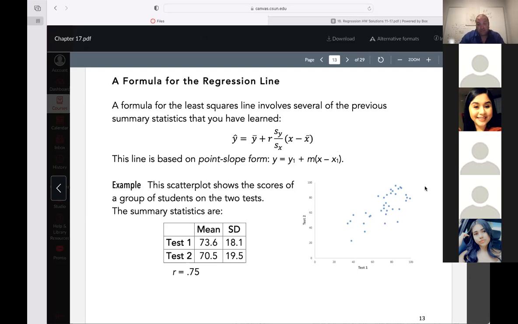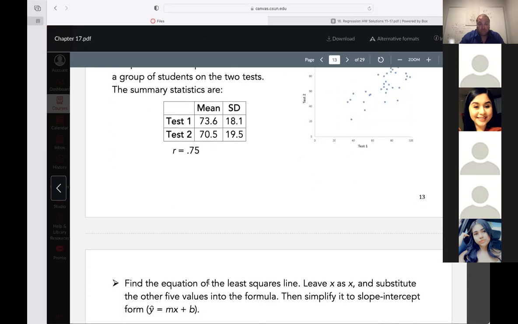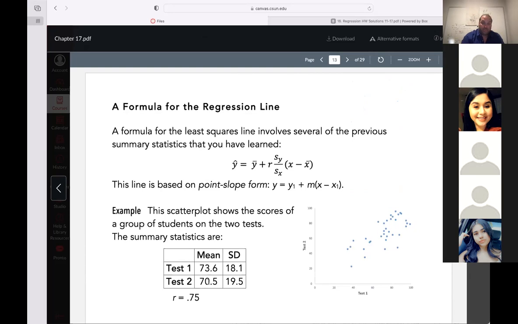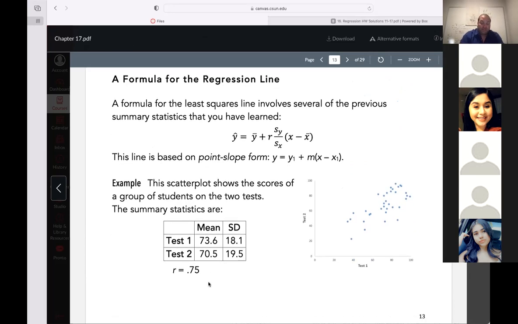And in fact, here are the scores of a group of students on 2 tests. Here is the information, pretty strong R value. So the question is, what is the equation of the best fit line? Let's start by finding, well, the only thing we need is the slope because we have Y bar already. So let's go ahead and do it. Y hat, which is the predicted Y value, equals Y bar.